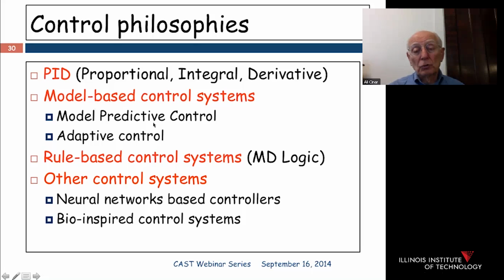There are also now some robust control approaches that are being introduced, and the third kind is rule-based control systems.